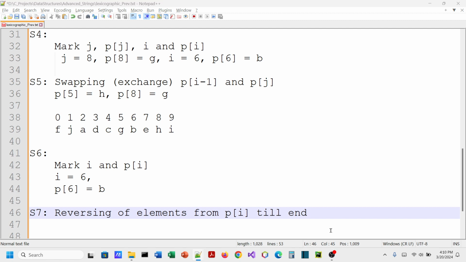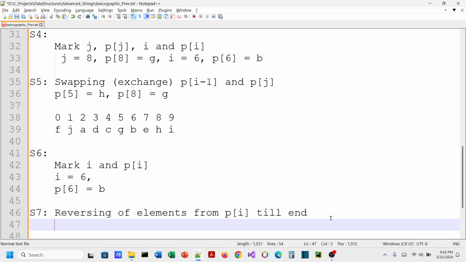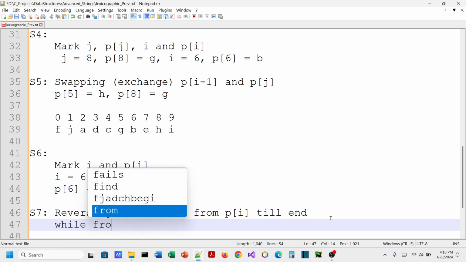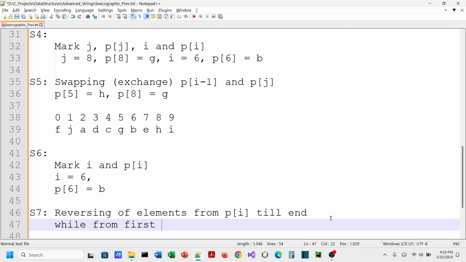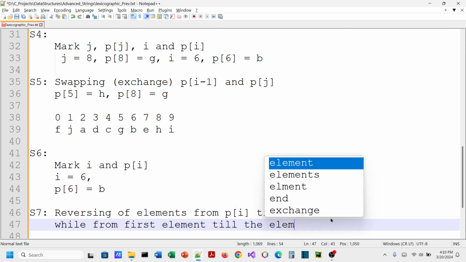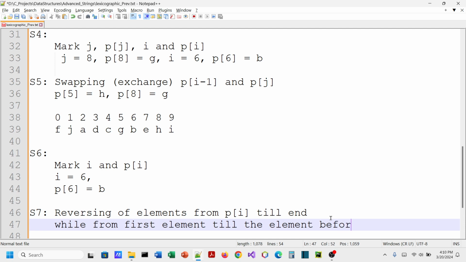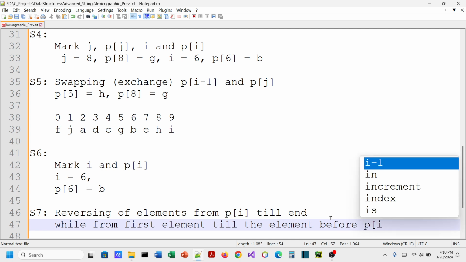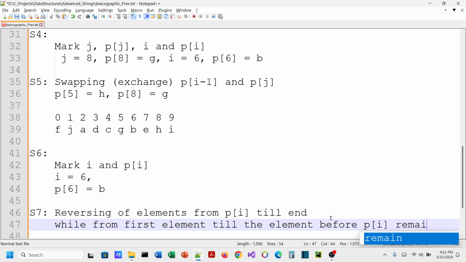Let me write the condition: while from the first element till the element before p of i, that is very important, the element before p of i remains the same.